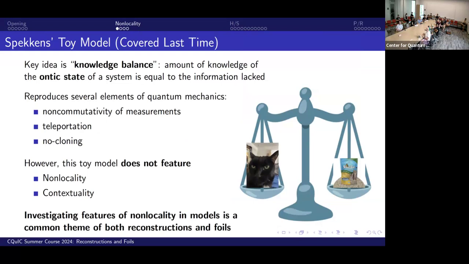Now, just as a quick reminder, the key idea of Spekkens' toy model is knowledge balance. The amount of knowledge you have about the ontic state of the system, which reflects what's really going on, is equal to the information being lacked. Here I'm using this nice balance scale picture. We know this cat on the left is adorable.